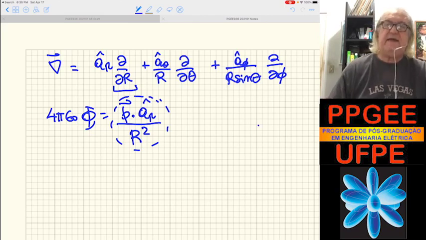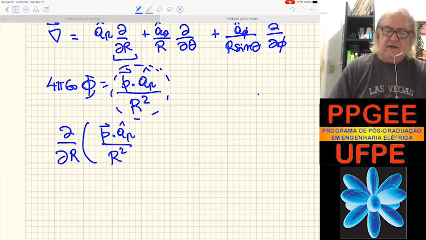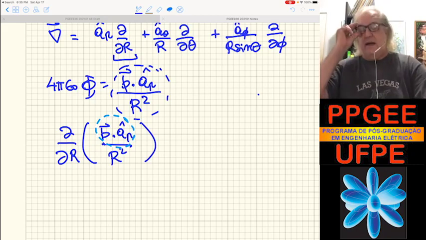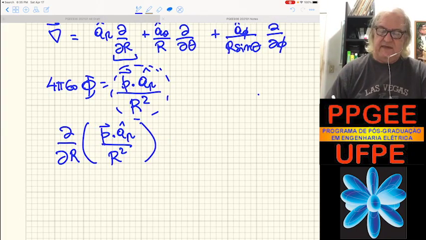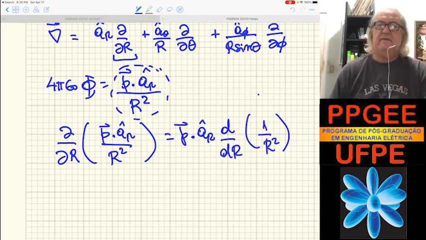Let's do this in detail to show how it works. d/dR of P dot a_R over R squared. This factor doesn't depend on R, so it goes out of the derivative, leaving the total derivative of 1 over R squared.